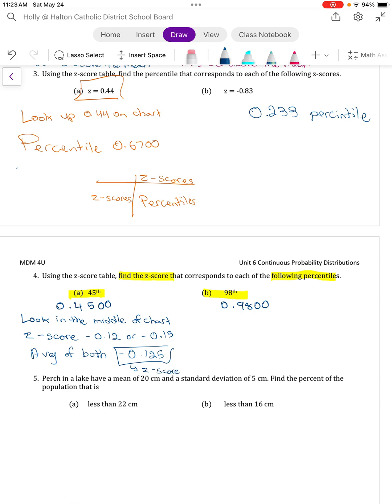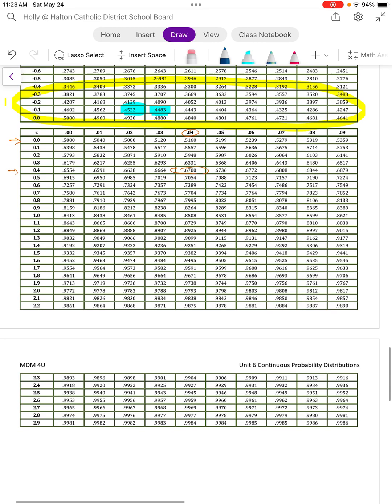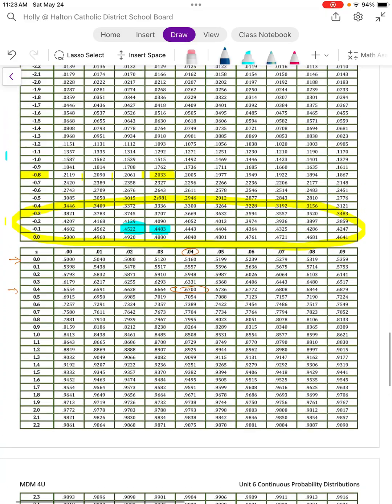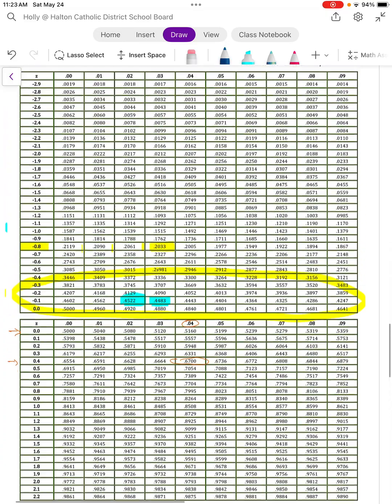The 98th percentile, so I need 0.98. So if I look, 0.98 would be, I would say here. Let's just check what number this is at.